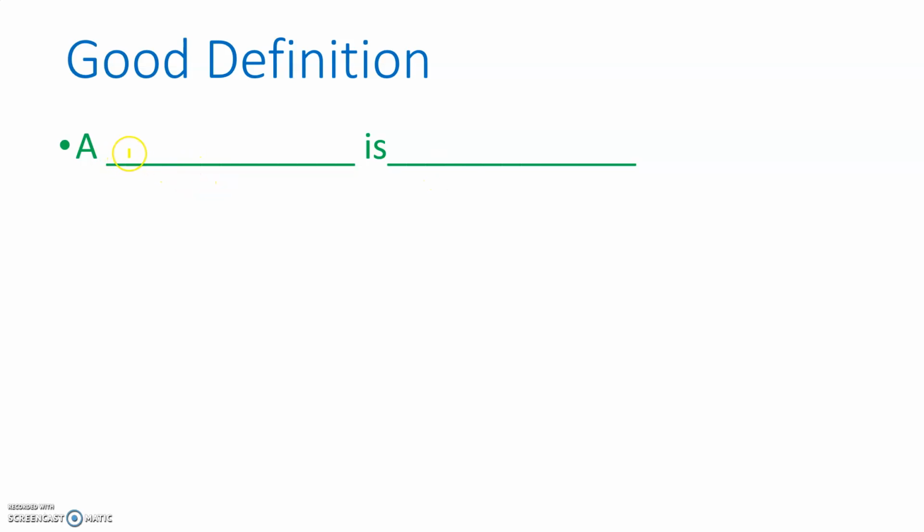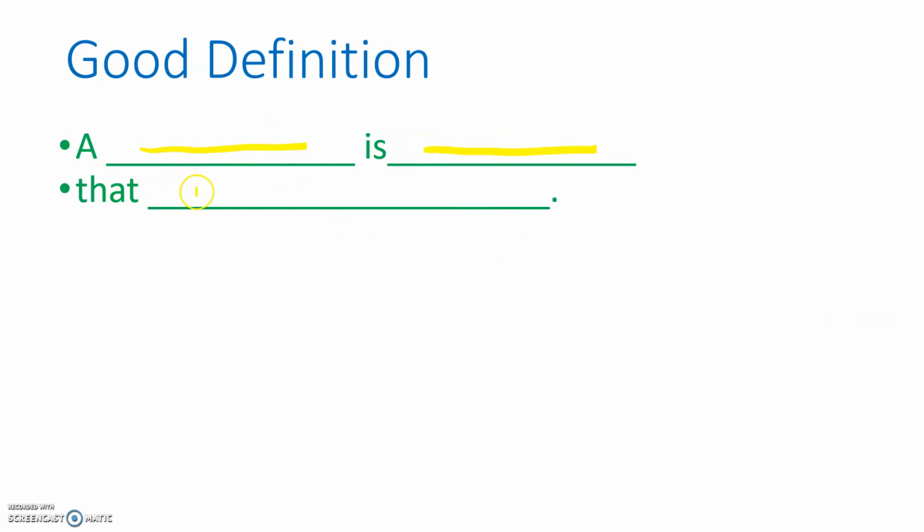Okay, so a widget is a shape. And then how is that shape different than all others? That has, and then we list all of our characteristics: filled in with color, two strings attached, one string has a crescent moon, and one has an eye.